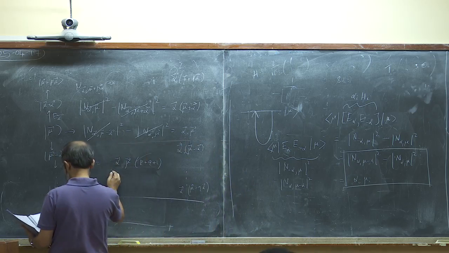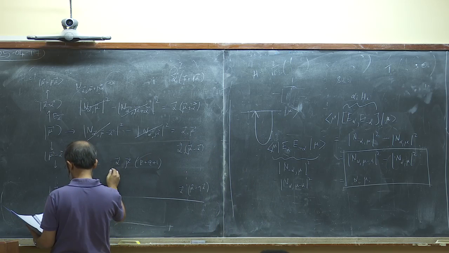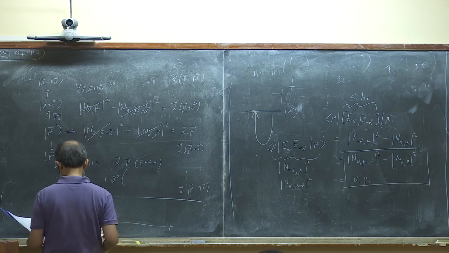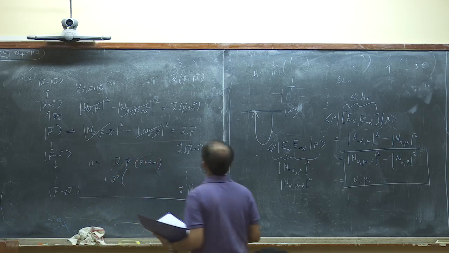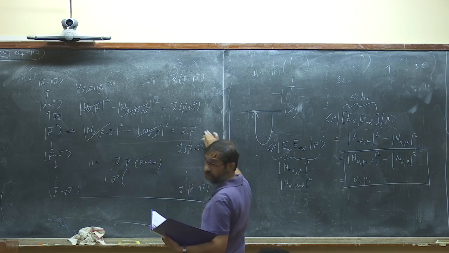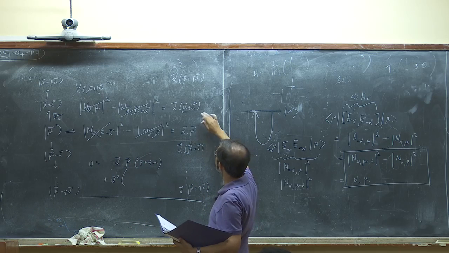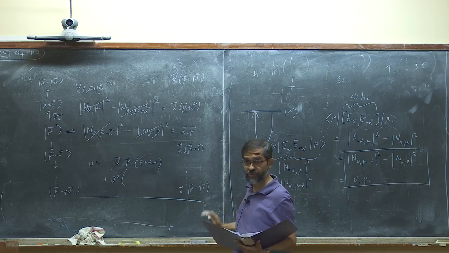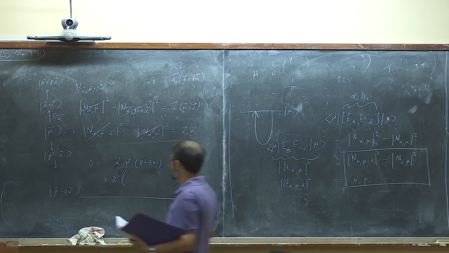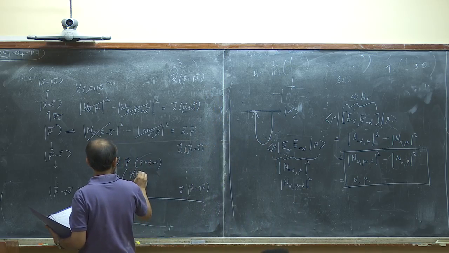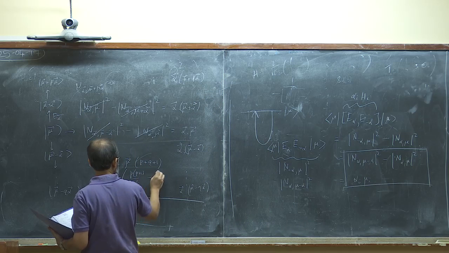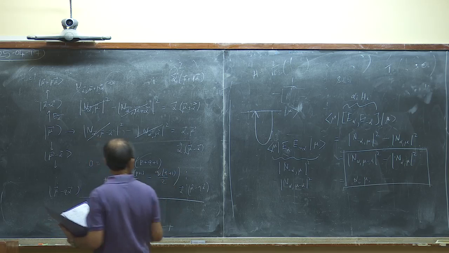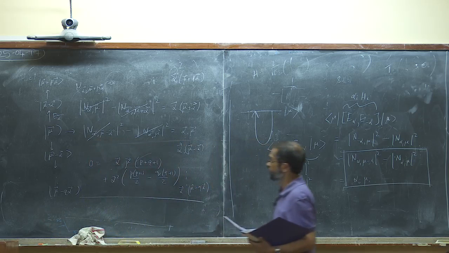So what you get is that it is alpha square, and there's some 1 plus 2 plus up to p, and here there's some 1 plus 2 plus up to q. So it is p into p plus 1 divided by 2 minus q into q plus 1 divided by 2. All these alphas come with minus alpha square. So that's your result.